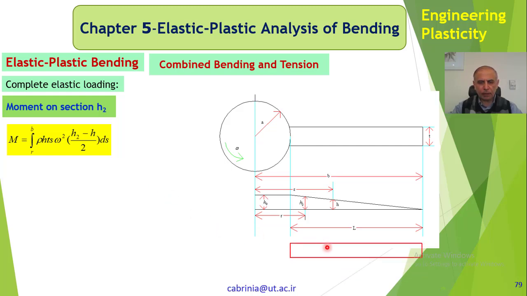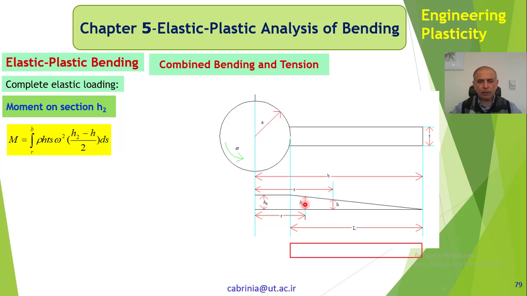If instead of this triangular shape we had an ordinary shape like this, where the thickness was that and also the width was that, so we had a rectangular cross section that is constant across this length L, then for any sections like H2, whether you consider here or there, the normal force acts in the middle and there is no difference between these sections, and therefore there is no moment.